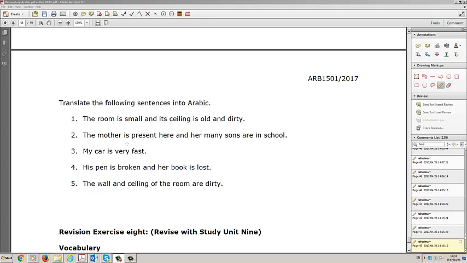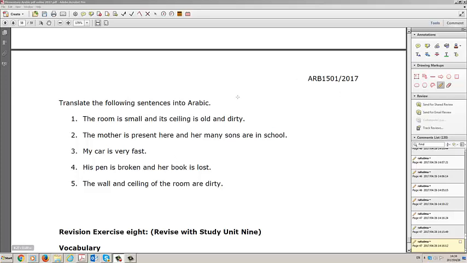It's better to say الأم حاضرة هنا وأولادها الكثار. That's a plural of كثير. وأولادها الكثار في المدرسة. في المدرسة are in school.